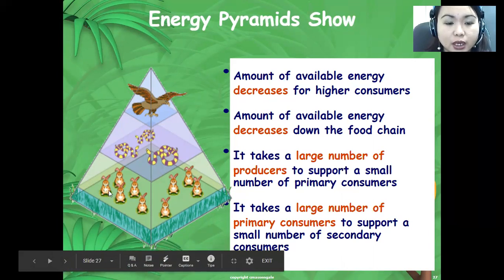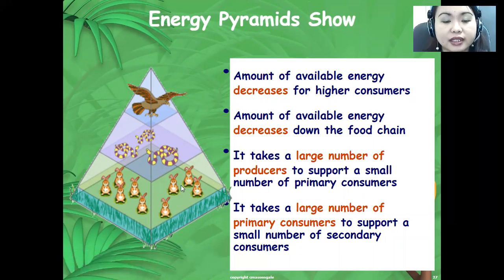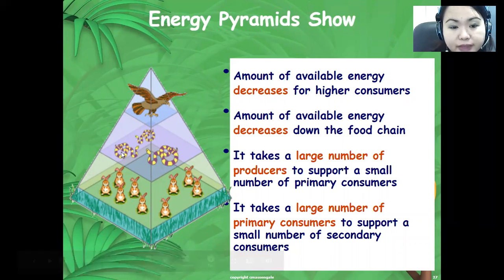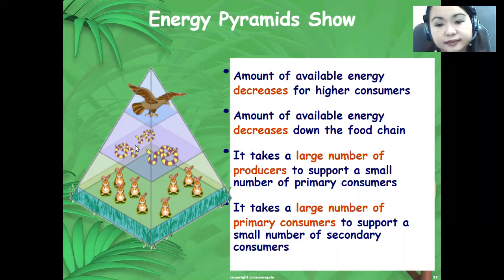So the energy here is bigger, and that's why it's a pyramid, because the population here is higher to produce the energy for the next level, wherein the energy is getting lower and lower, but it also takes a large number of producers.